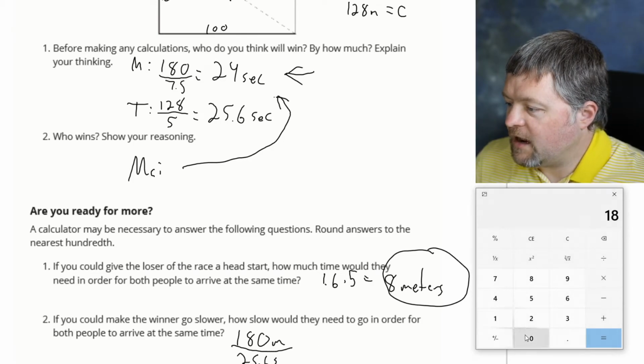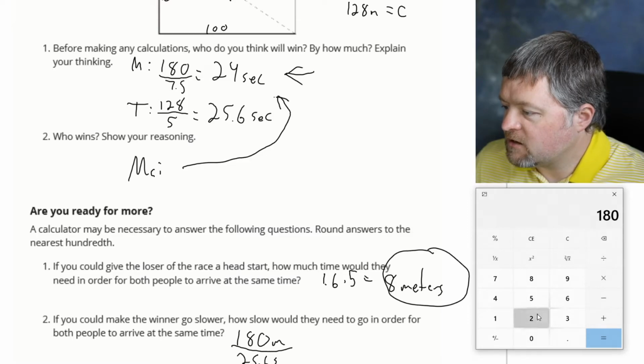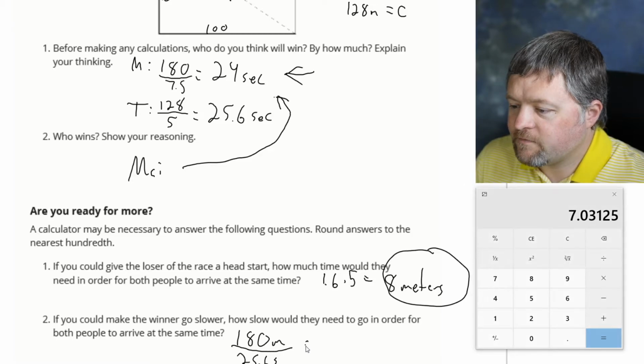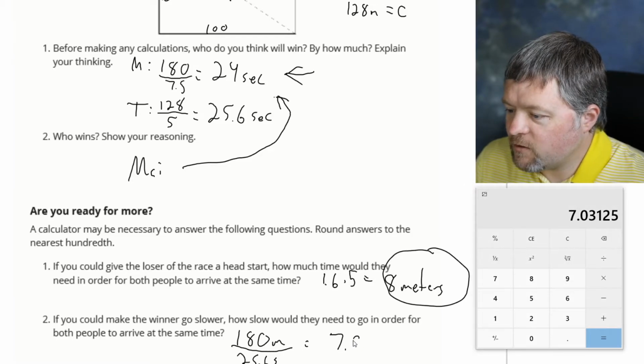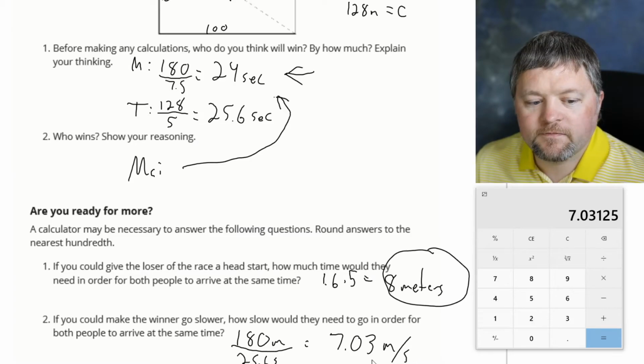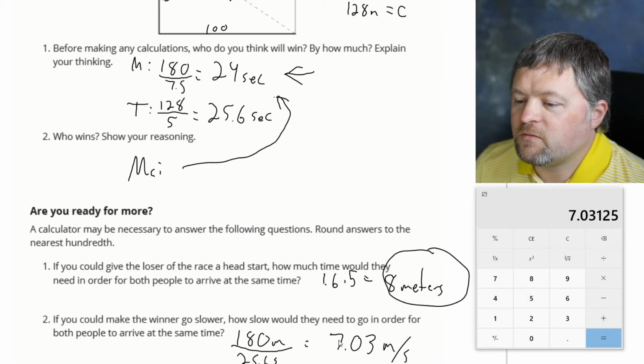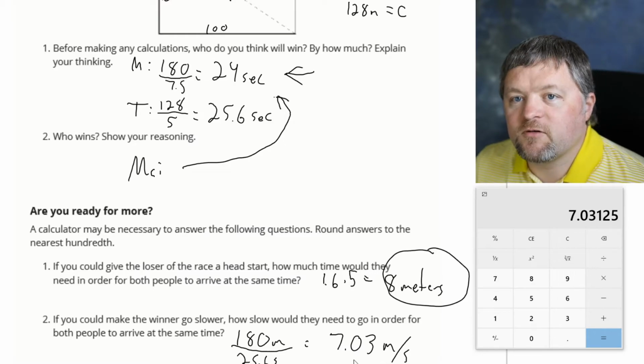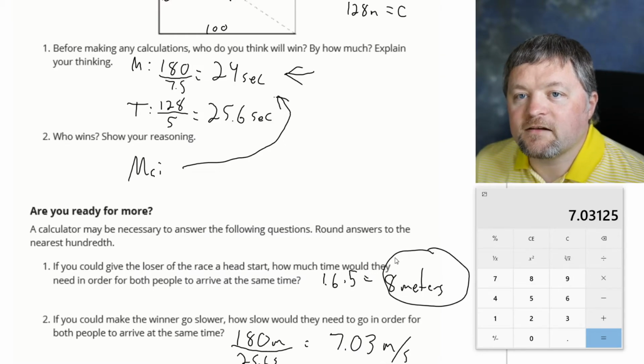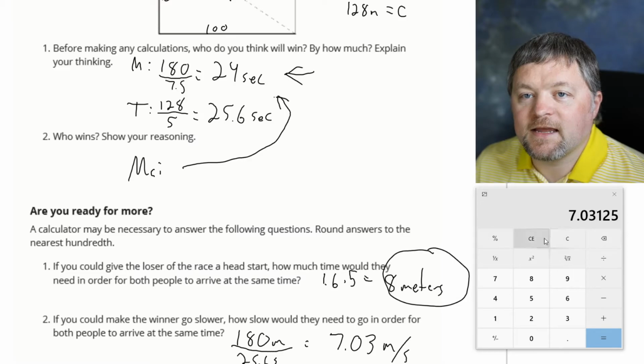So 180 meters in 25.6 seconds is 7.03 meters per second. So my would have to go 7.03 meters per second for them to arrive at the same time.